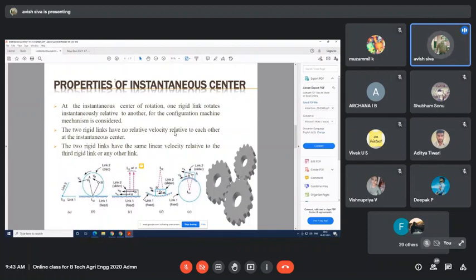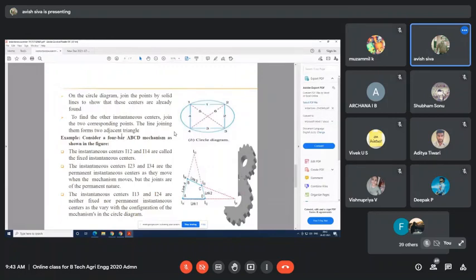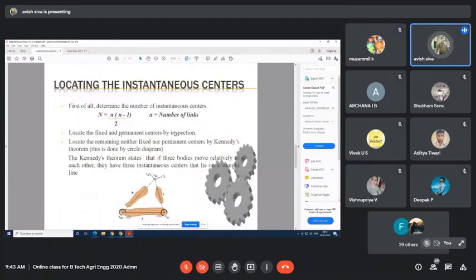Suppose the question is to explain the properties of the instantaneous center, and you have to draw this diagram also. You have to study these diagrams and how to locate the instantaneous center.